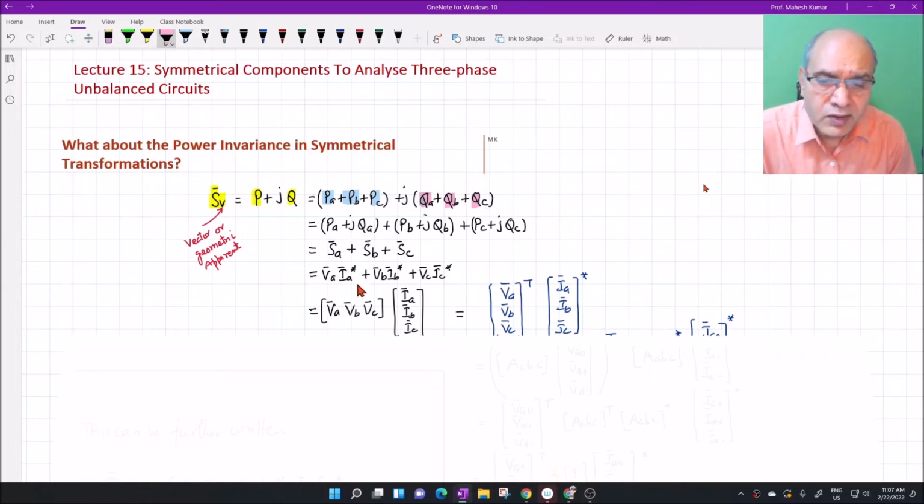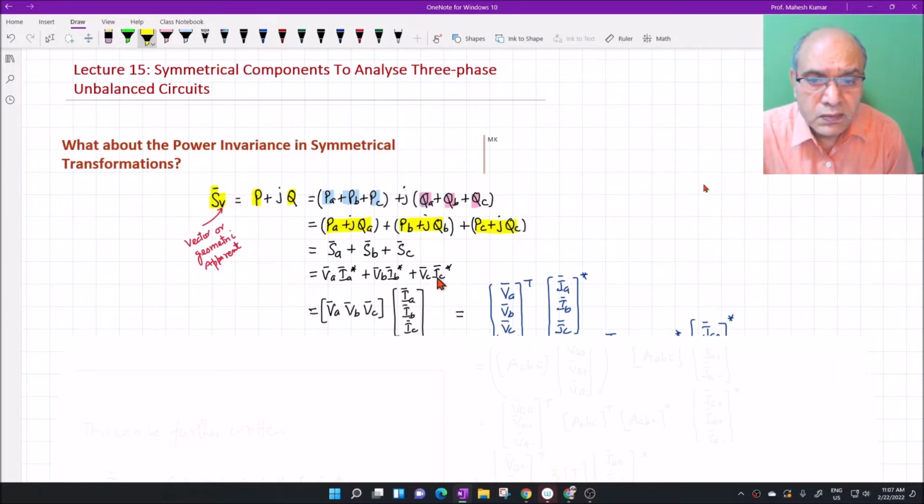Or we can also think of individual phases with active and reactive powers together. For example, this is also the sum of PA plus jQA, plus PB plus jQB, and then the C phase, PC plus jQC.